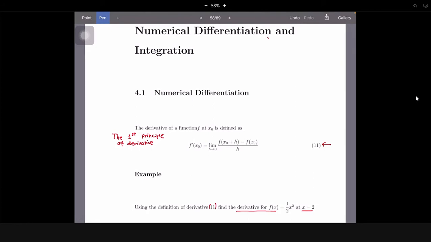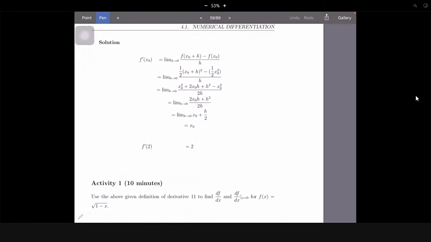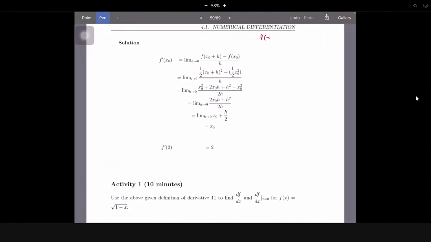Okay, let's say the function f(x) adalah 1 per 2 x square. Sekejap. Saya bagi jawapan. Kat sini ada. Okay, diberi f(x) adalah 1 per 2 x square.